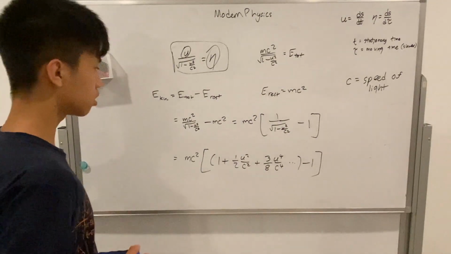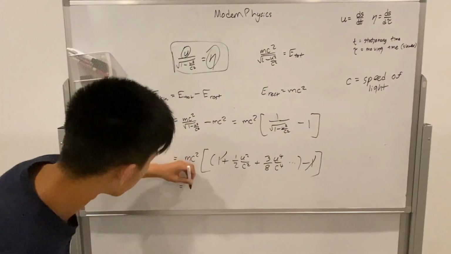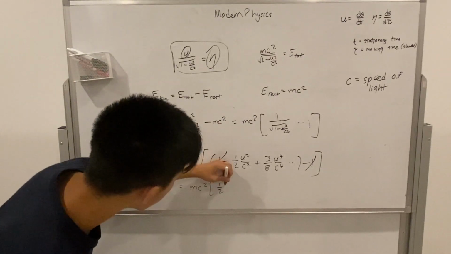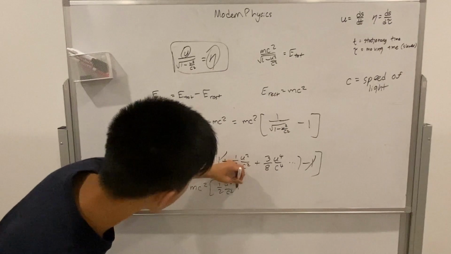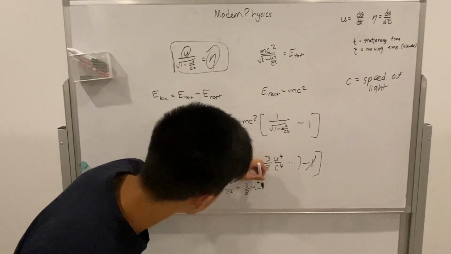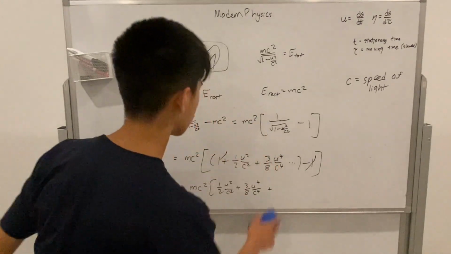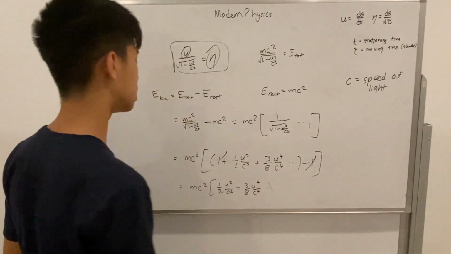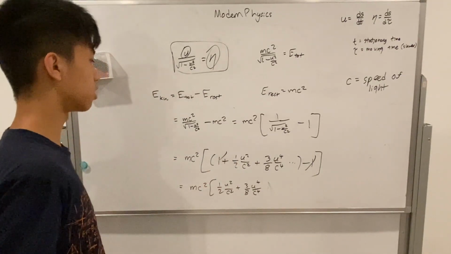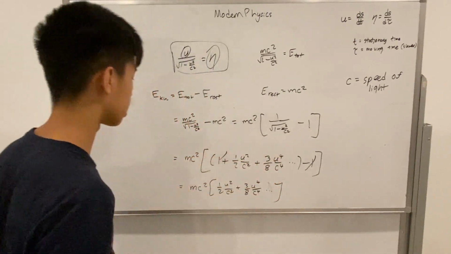And here, the ones cancel out, so we're left with mc squared times 1/2 u squared over c squared plus 3/8 u to the 4th over c to the 4th. And there are other terms, like negative 5 over 16 u to the 6 over c to the 6, but it just becomes insignificant, so I'll just put a ... there.